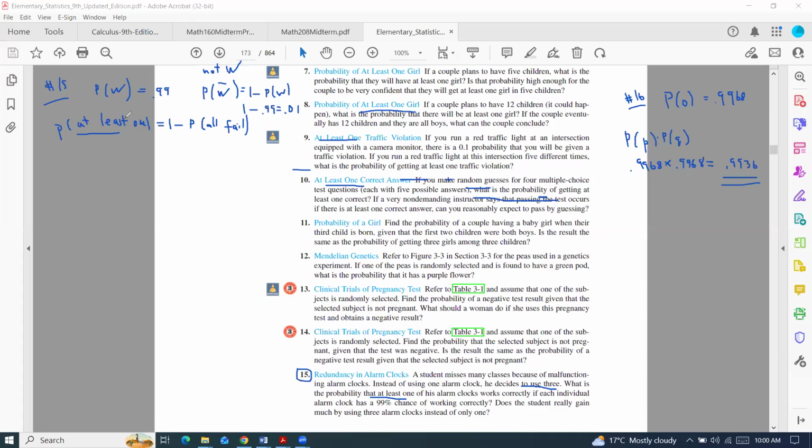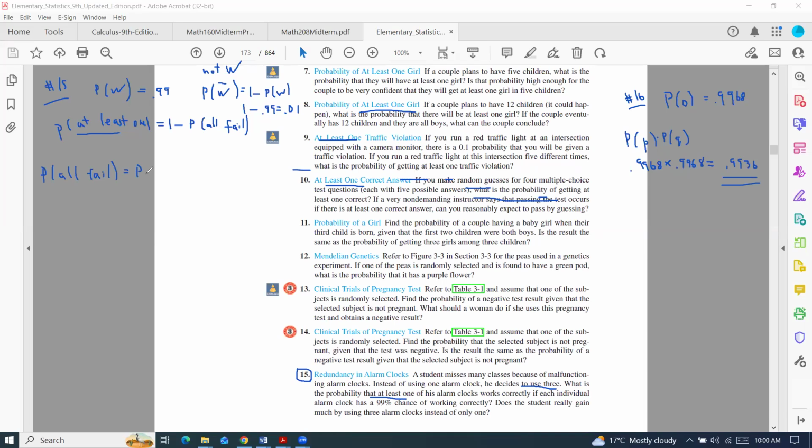And I will go over this as I do the problem a second time. So let me just find the probability that all fail. So that's pretty sad, right? All of them failed. The student had three alarm clocks and they all failed. So the student did not come to the exam. Pretty bad.